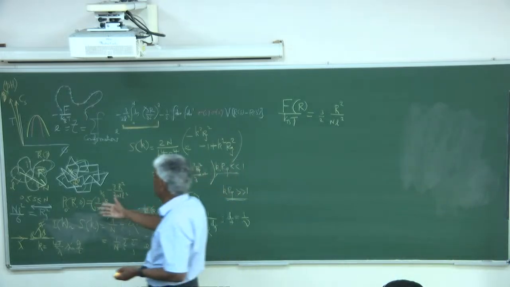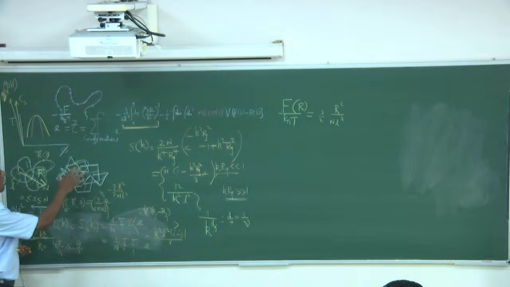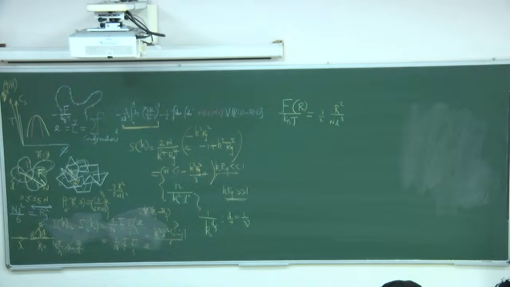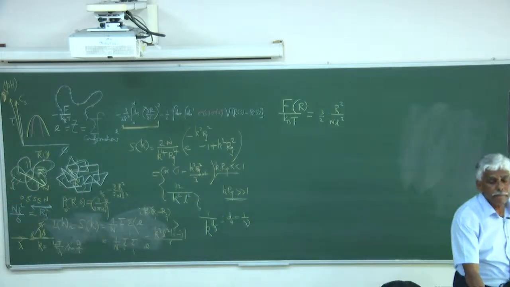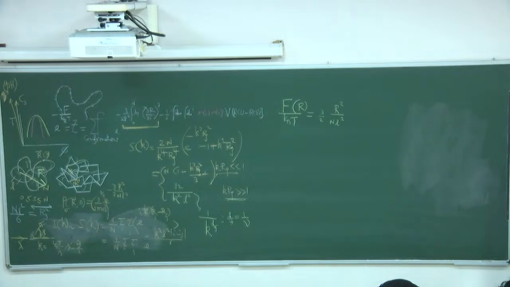As I was telling you in another lecture, there is a mapping between the polymer problem and critical phenomena, and also field theory. There, the correlation length diverges with temperature like 1 over (T minus Tc) to the power nu. The correlation length is divergent. So here, the radius of gyration is the correlation length for this polymer chain to be tied together.